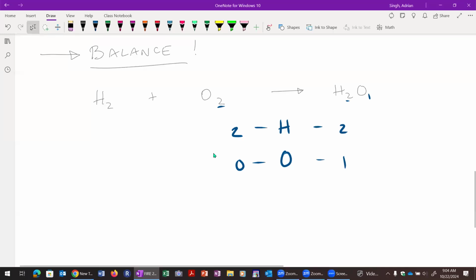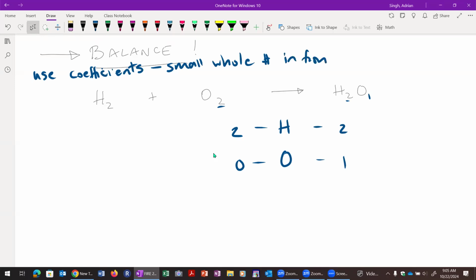The way that we balance the equation is we're going to use things known as coefficients. Coefficients are simply small whole numbers that are placed in front of the formula for that particular substance in the equation.